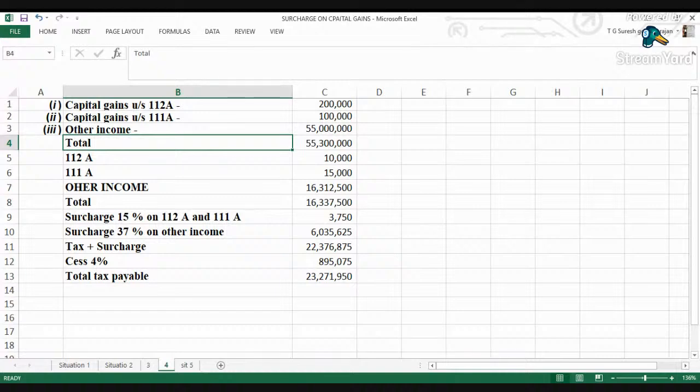Now the last one is very important for one reason. See, this direct tax change came because of an ordinance. In the ordinance, this point was not there at all.